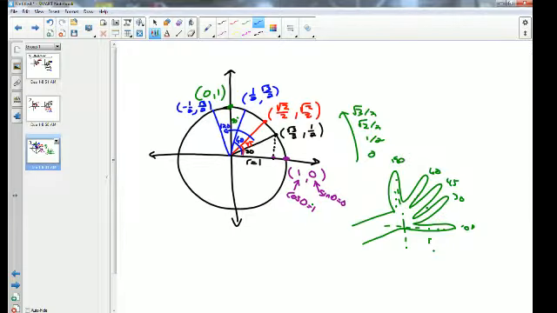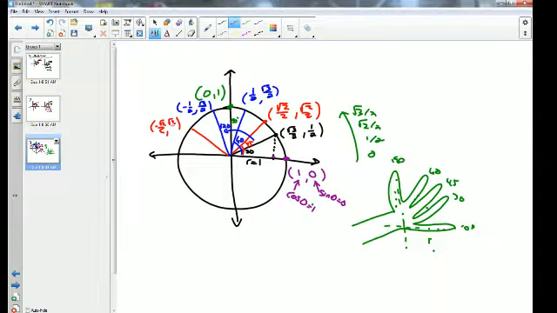Because we're in the negative x's now, right? And we're still positive y though. So all we've done is negated the x. What about this one? That would be negative root 2 over 2 and root 2 over 2.